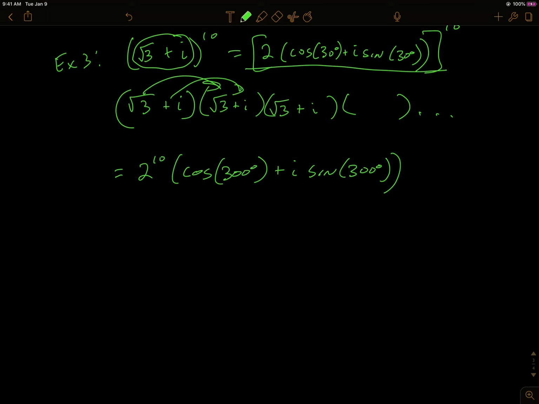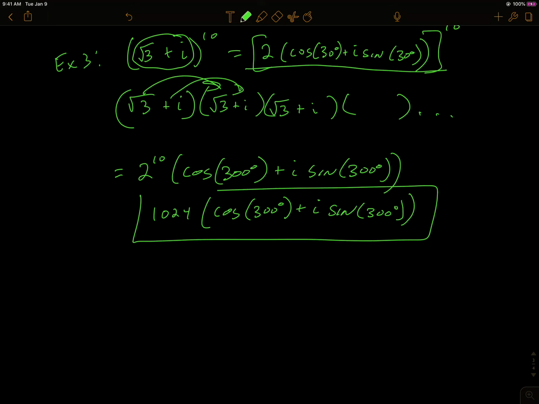So 2 to the 10th is 1024, and then cosine of 300 degrees plus i sine 300 degrees. That would be your answer in polar. And of course, since the question was posed in rectangular, maybe they want it in rectangular, so you can convert that fairly easily.